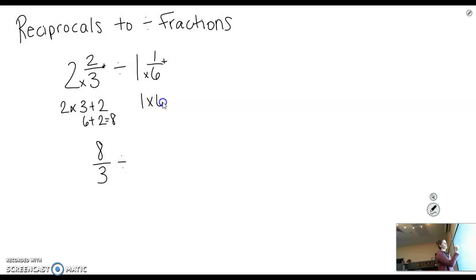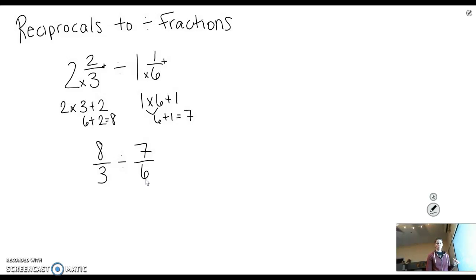1 times 6 plus 1. So I have 6 plus 1, which equals 7. So I have 8/3 divided by 7/6. So now, the next step to divide 8/3 by 7/6 is to find the reciprocal of 7/6.